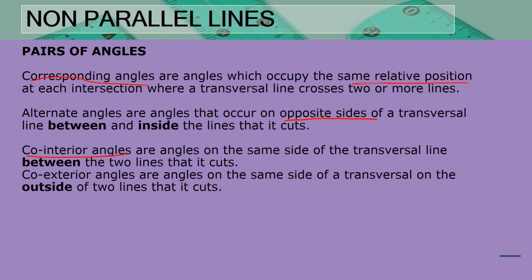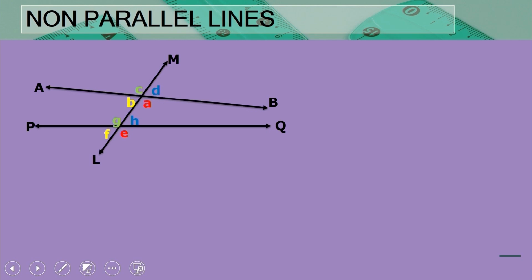Now let's look at practically where these angles are. So remember, corresponding angles, they occupy the same relative position. Alternate angles, they are on opposite sides of the transversal, and co-interior and co-exterior, they are either in between the two lines on the same side of the transversal or outside of the two lines that the transversal cuts, on the same side of the transversal.